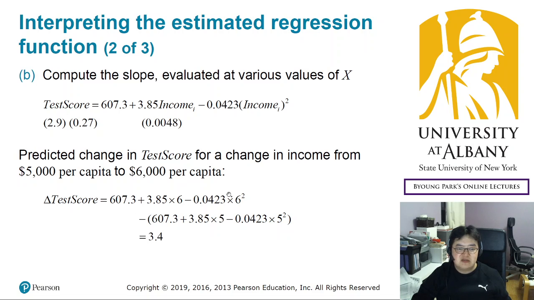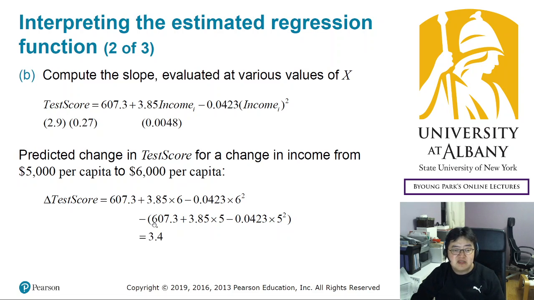The first line is the predicted test score at 6,000, and in the parentheses is the predicted test score at 5,000. Excuse me. So 6 means $6,000, and 6 squared, since income was measured in $1,000.